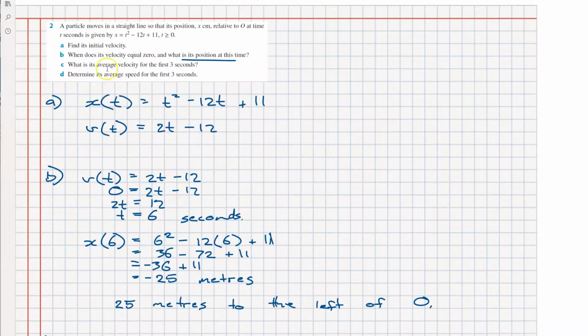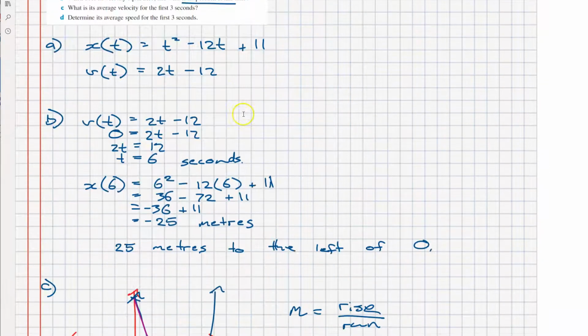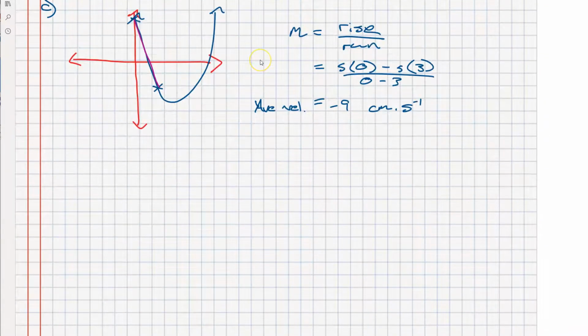Alright, question D, determine the average speed for the first 3 seconds. Okay, so looking at that, average speed is a case of distance over time.